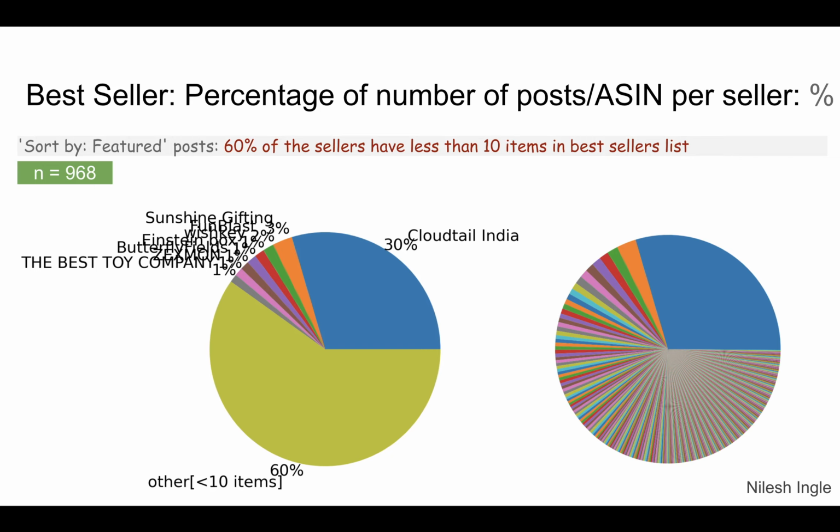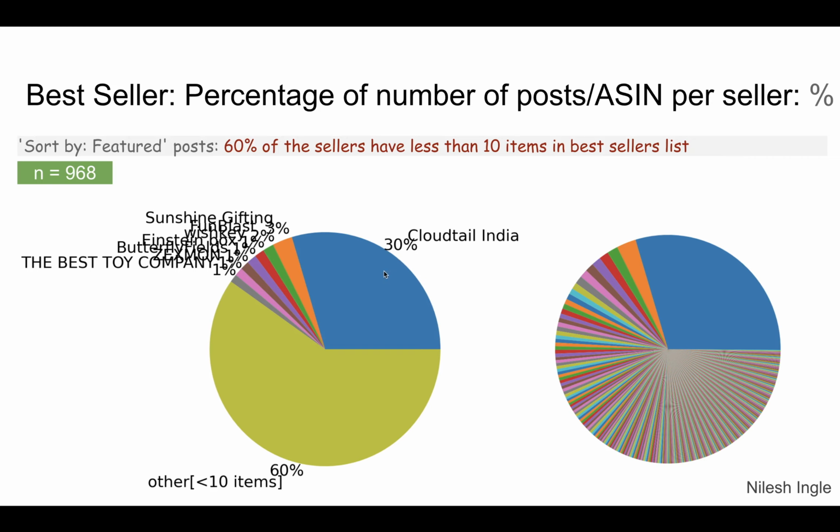And in this plot, what we are looking at is just the results for bestseller listings for toys in each of those 10 categories. So here we can see that again, if we are looking at just the bestsellers, now 60% of the sellers here have less than 10 items.